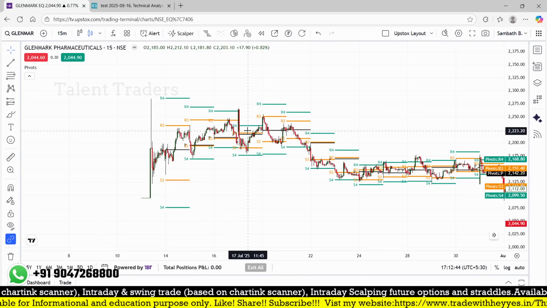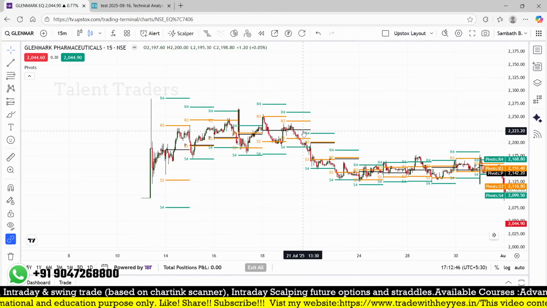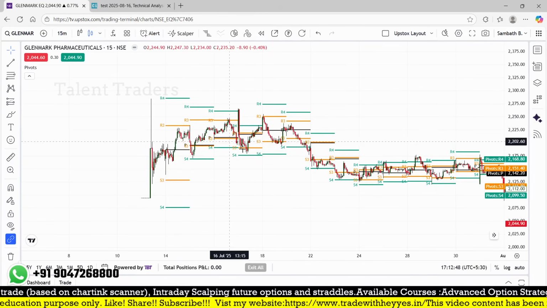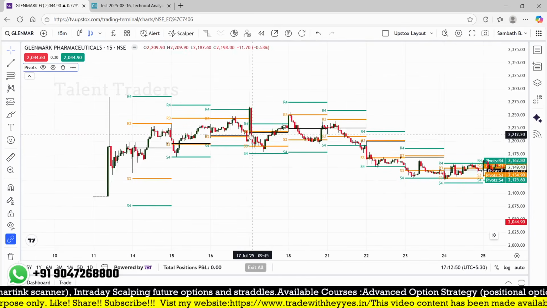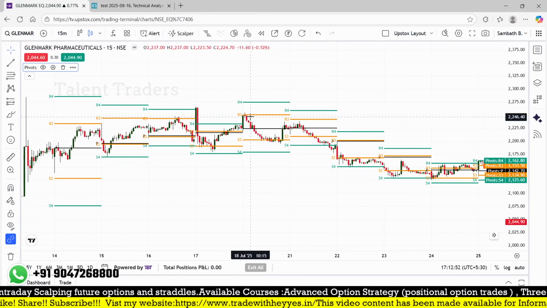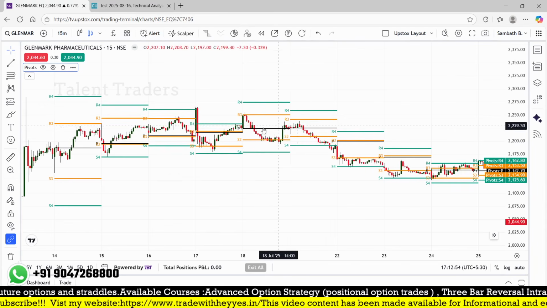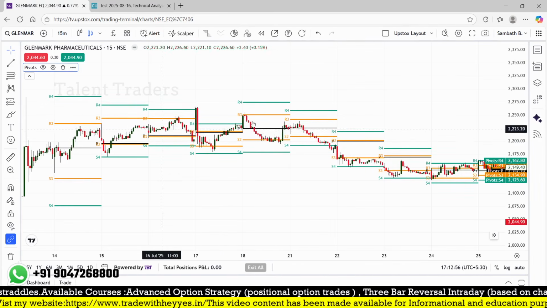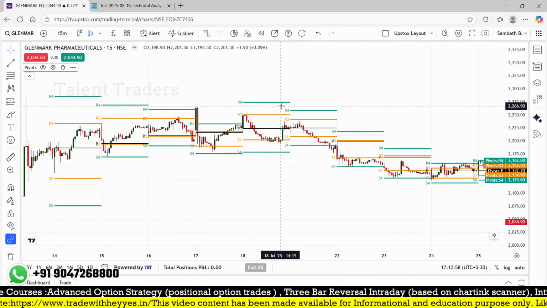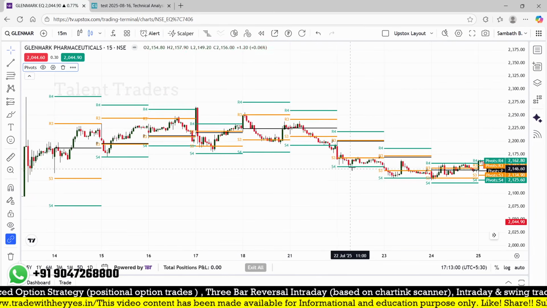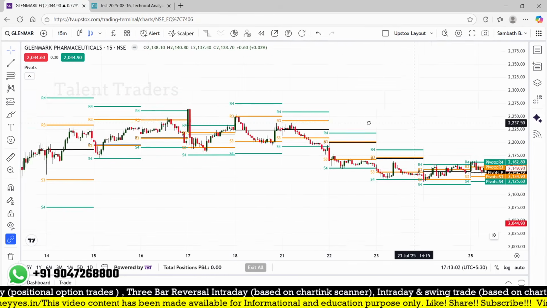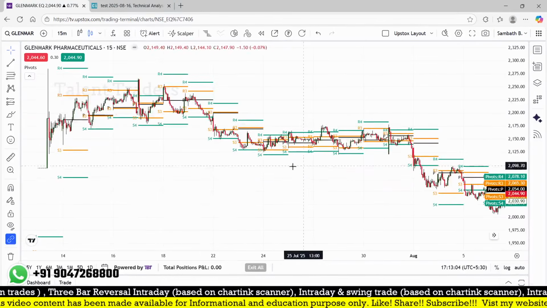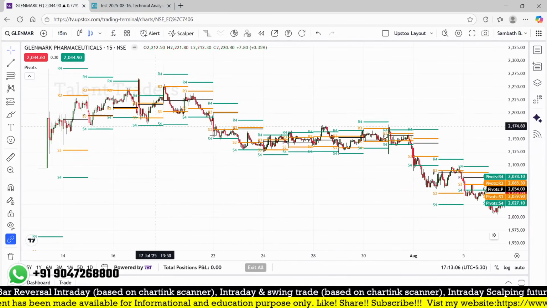Yeah, the first candle of the day that is broken, we didn't consider. If you don't consider this, so 5 consecutive days, 1, 2, 3, and this is the fourth day by the opening candle. So we didn't consider the first 15 minutes, and the fifth day, fourth and fifth and sixth, almost 6 consecutive days it was inside the R4, and after that, almost the seventh day it broke, and it is still lower than the breakdown point.